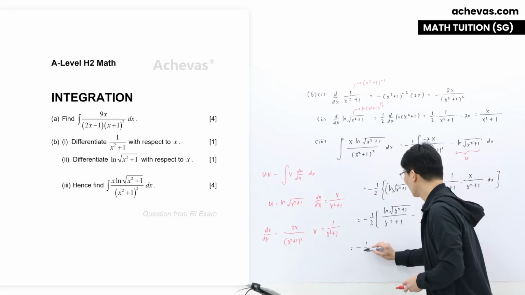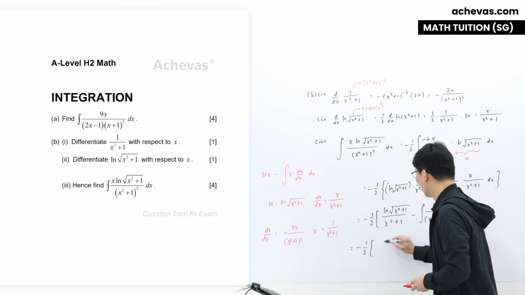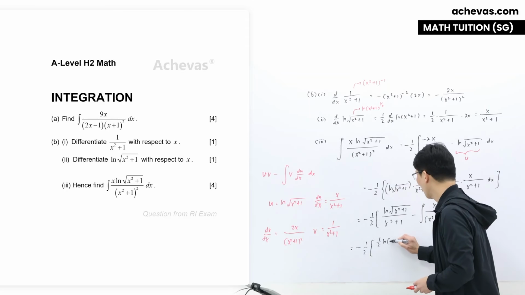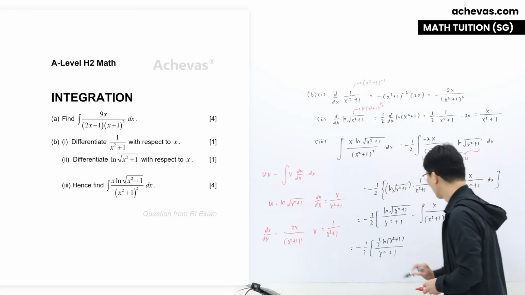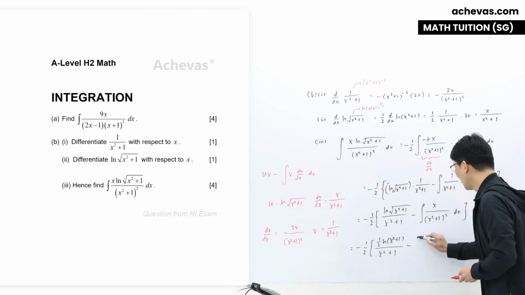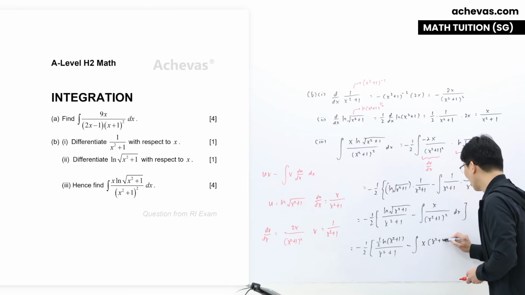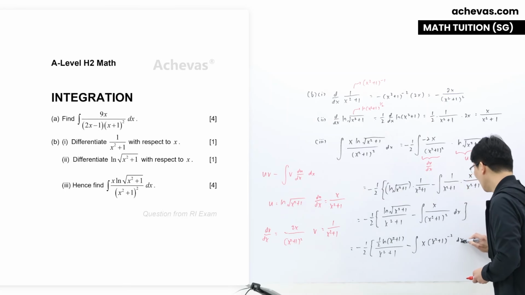So this is a minus half, this is a half ln bracket x squared plus 1 over x squared plus 1, and this I will rewrite as the integration of x squared plus 1 to the power of minus 2 dx.